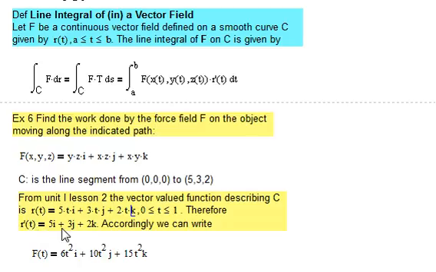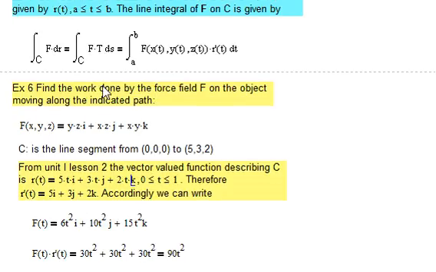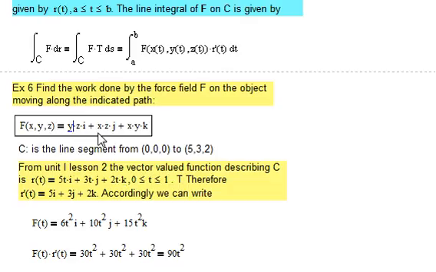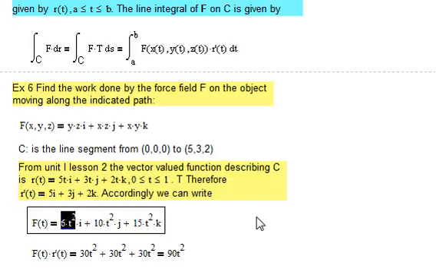Therefore, our r prime is 5i plus 3j plus 2k, and accordingly we could write our force field vector F of x, y, z, but we're going to replace y with 3t, and we're going to replace z with 2t, and if we multiply 2t times 3t, we get 6t squared.